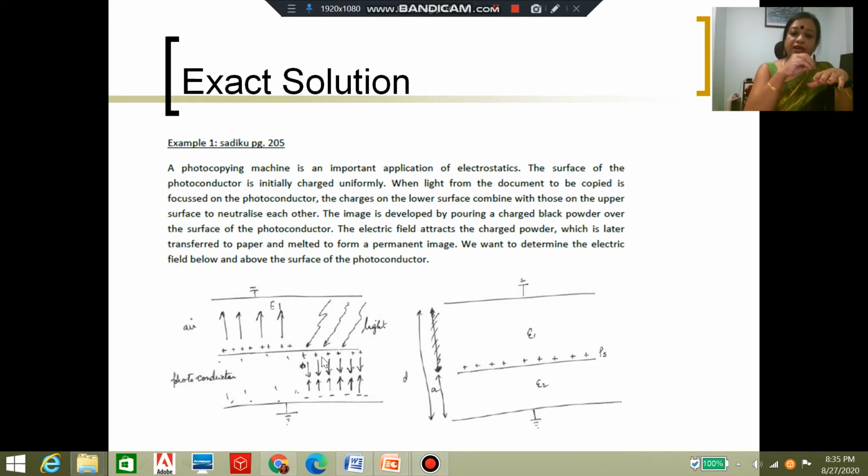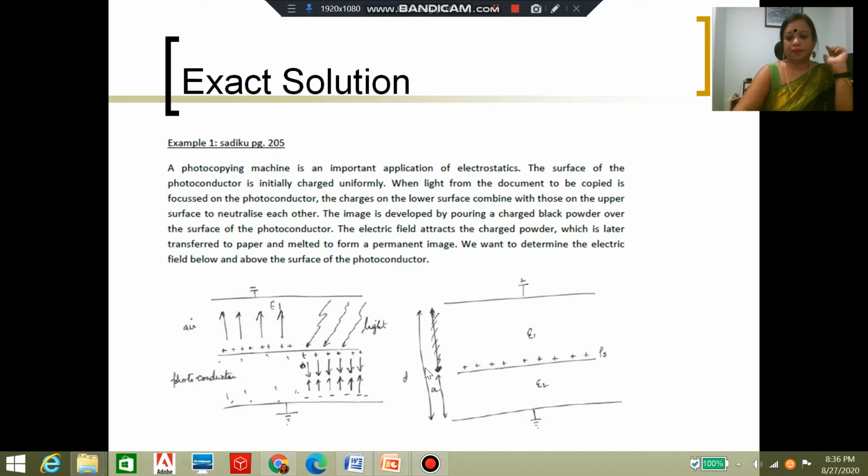So the image is developed by pouring a charged black powder over the surface of the photoconductor. And the electric field attracts the charged powder, and this is transferred to the paper and melted to form a permanent image. So this is the basic principle in which a photocopier works.